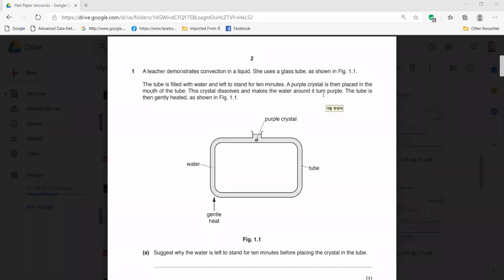Then, sir, we have to give the heat from the downside or from the bottom. Okay, very good. Then, sir, in convection, the denser molecules sink down and the less dense molecules rise up. Very good. Then, anything else?